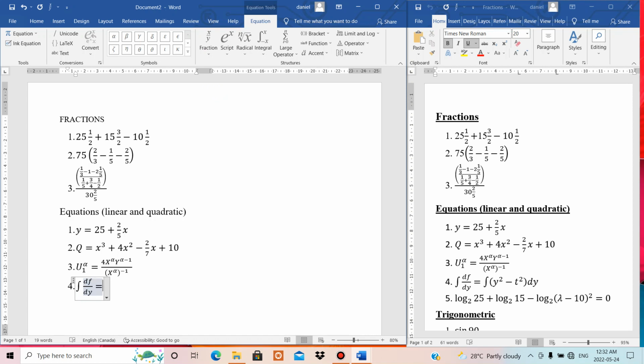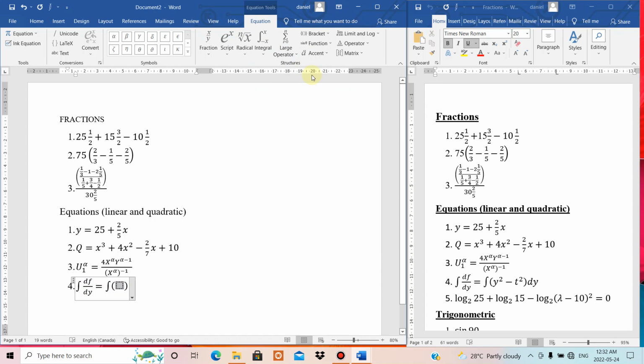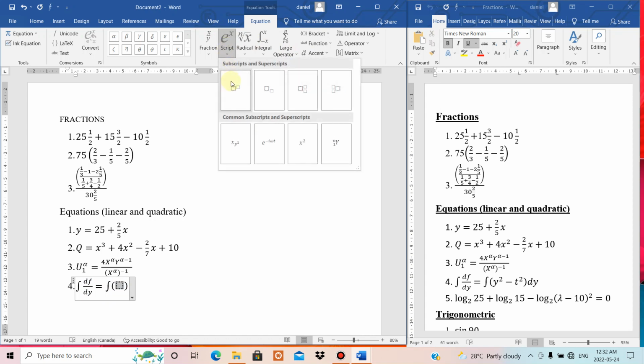That is equal to the integral of, we need a bracket also here. So you introduce your bracket. Within the bracket, you have y exponent 2, so you need a script.